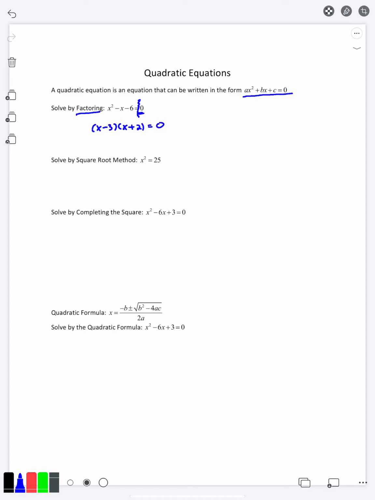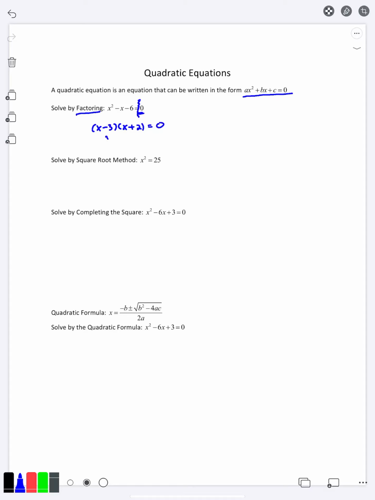And what does factoring do? It rewrites the expression as one number, x minus 3, times another number, x plus 2. So we are saying that if you take these two numbers and multiply them, you're getting the answer 0. But if you think about multiplying numbers, the only time the answer is 0 is if one of the numbers you started with was 0.